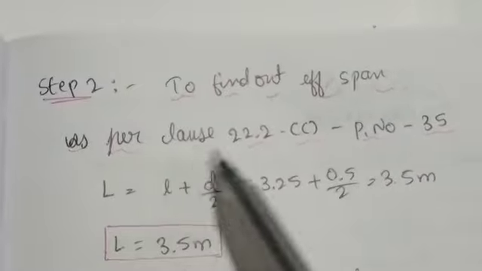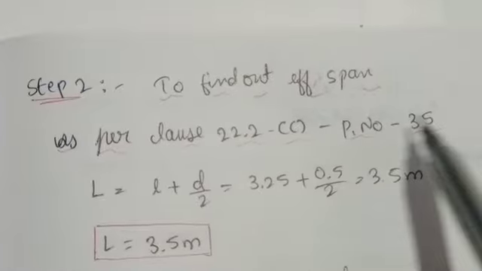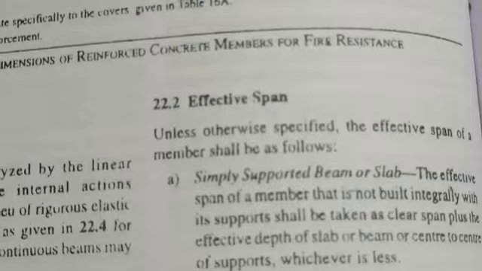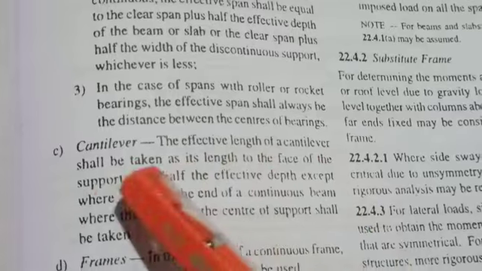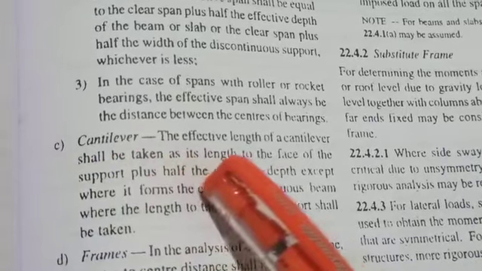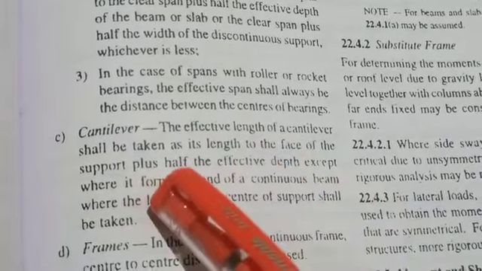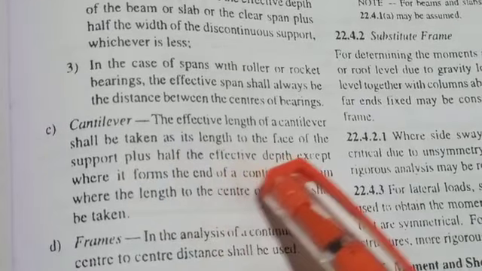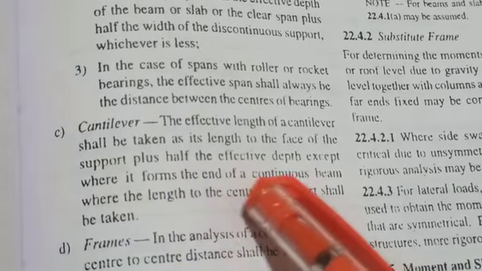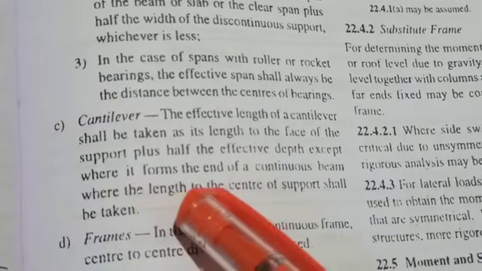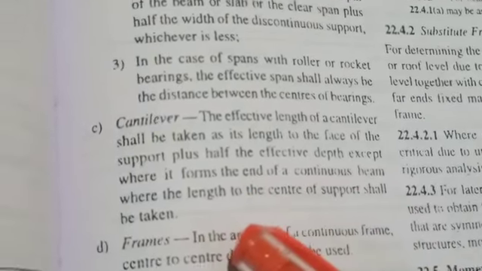As per clause 22.2 C, page number 35, for cantilever beam, they have said the effective length of a cantilever shall be taken as its length to the face of the support plus half of the effective depth, except where it forms the end of a continuous beam, where the length to the center of support shall be taken.